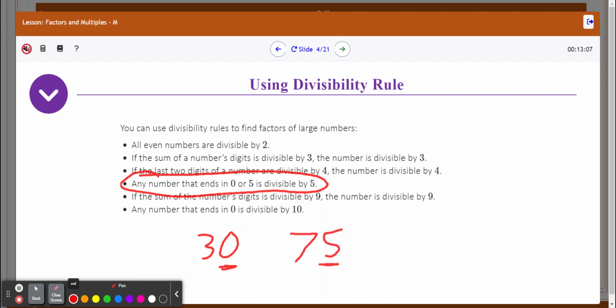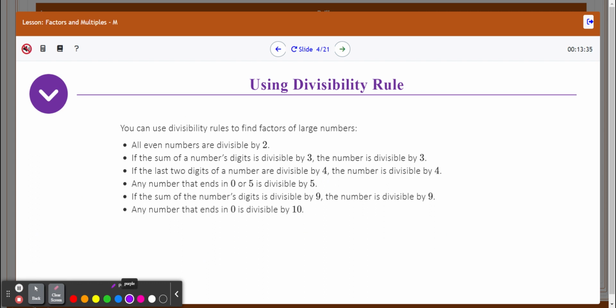The last digit is a 5, meaning it's divisible by 5. Again, it doesn't matter how big the number is. It could be 1035. The last digit is a 5, meaning it's divisible by 5. So again, if the last digit is a 0 or 5, you know that the whole number is divisible by 5. You know that 5 is one of the factors.